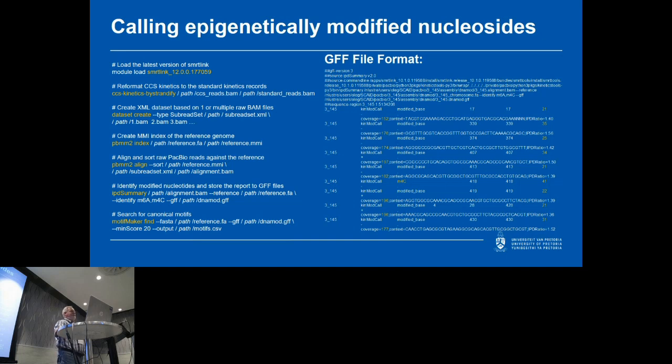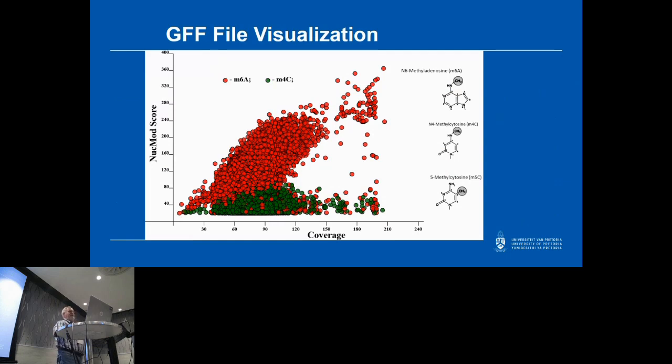A GFF file is a text file with locations of modified nucleotides, context sequences, and all statistical data. Our program can first show you specific nucleotides which were predicted as modified. This is usually adenine or cytosine methylation, but it can also show oxidized guanine, which is also predicted by the same program. So this is the dot plot presentation.